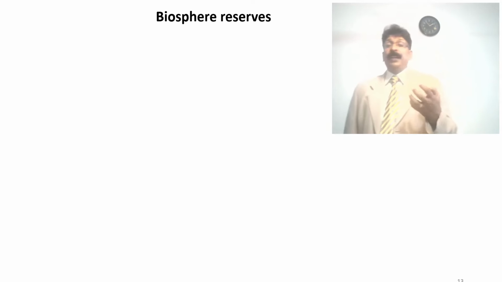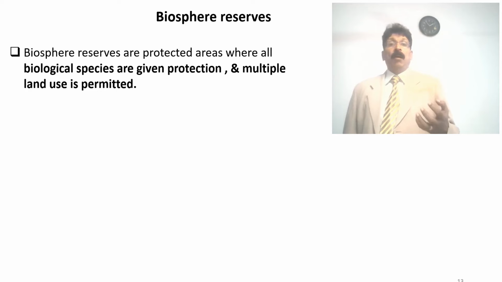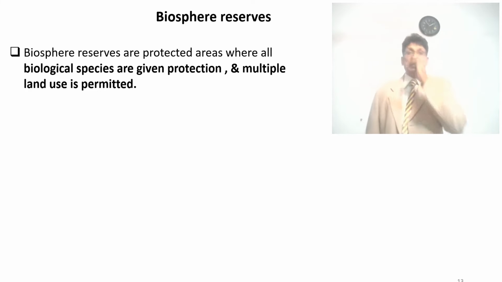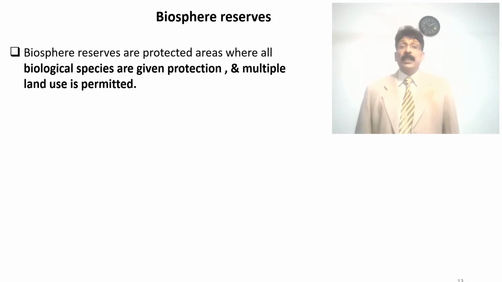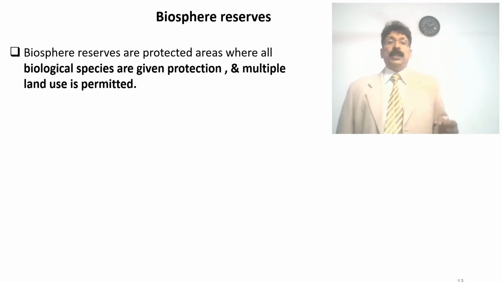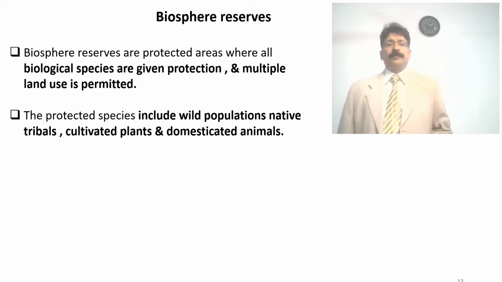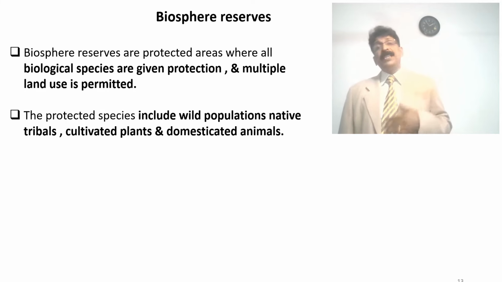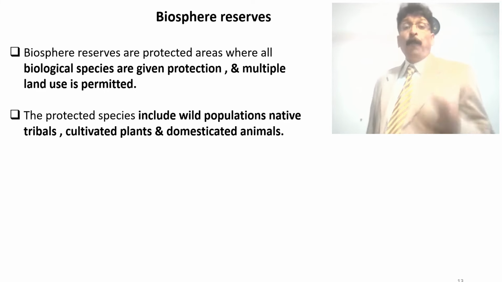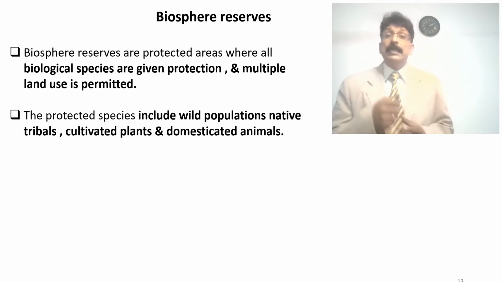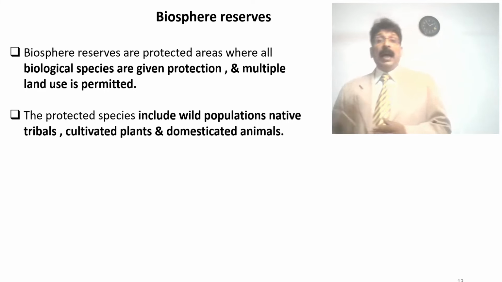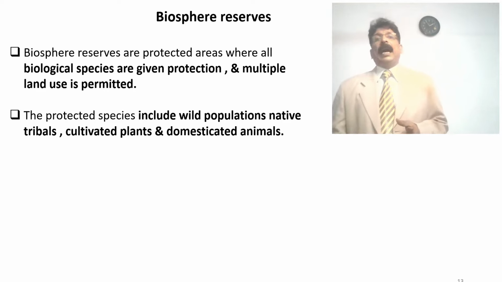Biosphere reserves are protected areas where all biological species are given protection and multiple land use is permitted. The protected species include wild population, native tribals, cultivated plants and domesticated animals.